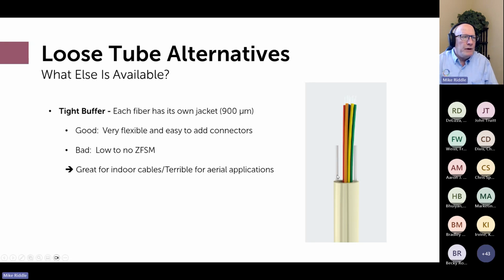So low to no zero fiber strain margin. They're great for indoor cables because they're very flexible, but they're terrible for aerial applications. I just don't think they should be used there.